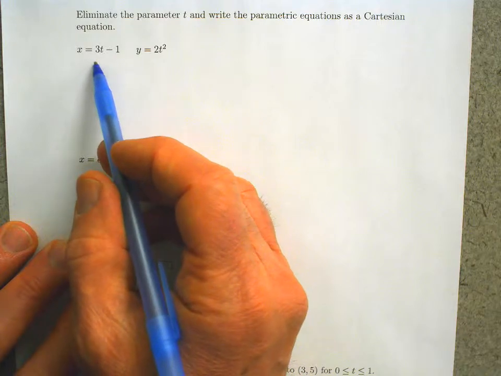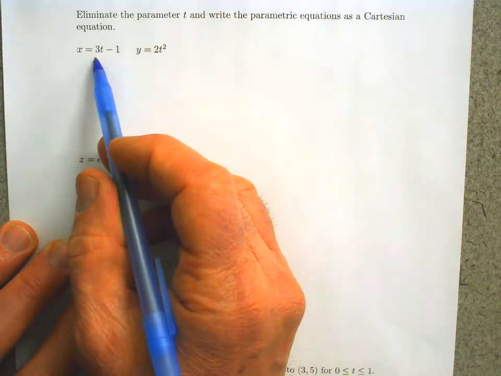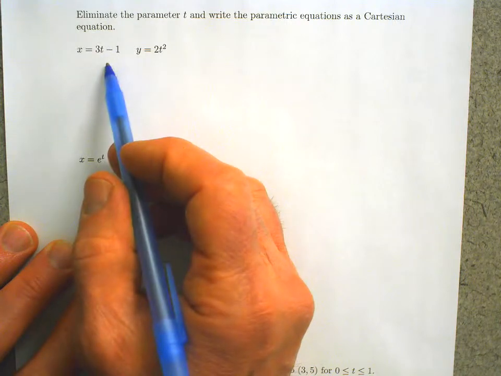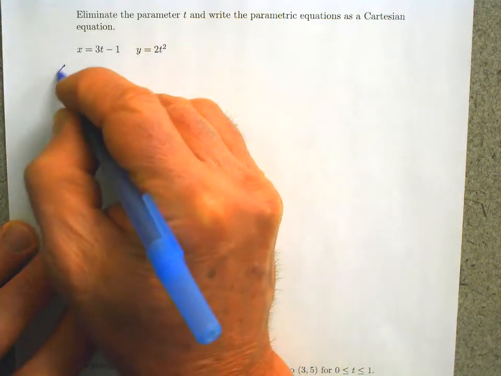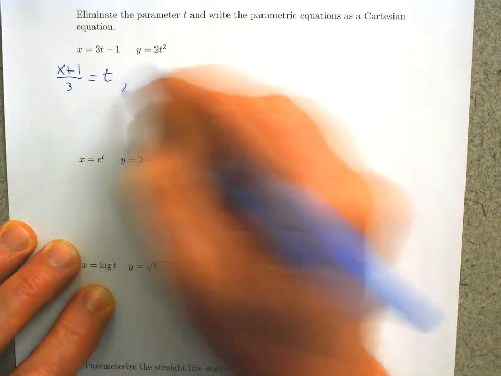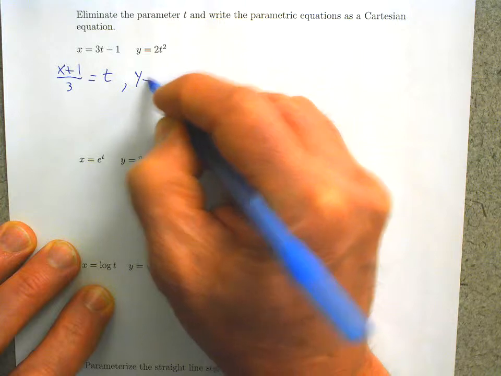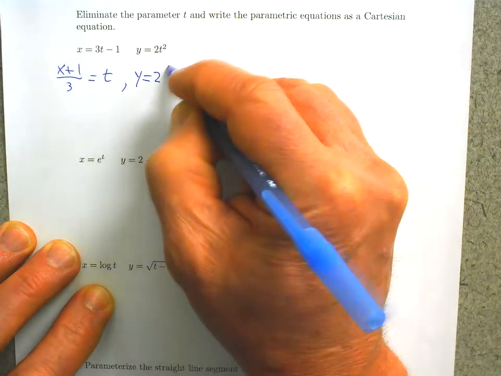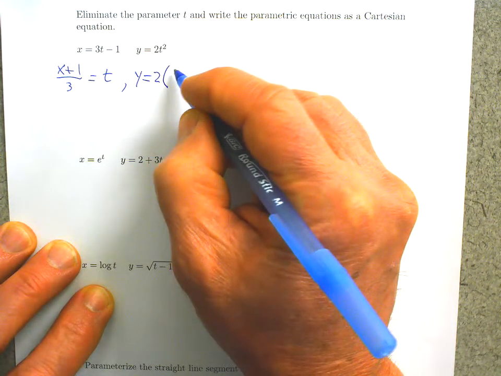So on this one, if we solve the first equation, x equals 3t minus 1, solve this for t. So if we add 1 to both sides and divide both sides by 3, we get t. And then in the other equation, we'll just replace t with x plus 1 over 3.